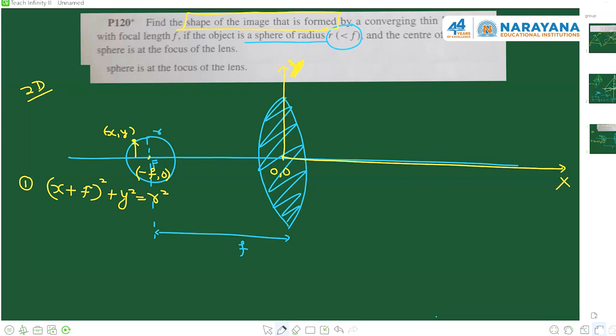What other equations can I write? Now I'm concentrating on this point as my object, and I want to find out its image coordinates. So 1 upon v minus 1 upon u, where the u term is x with sign convention, is equal to 1 upon f.